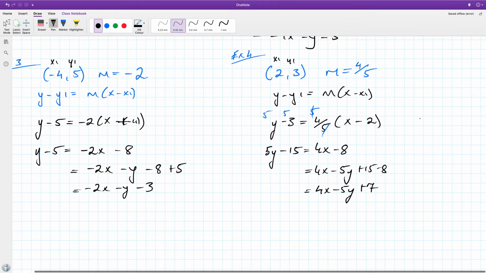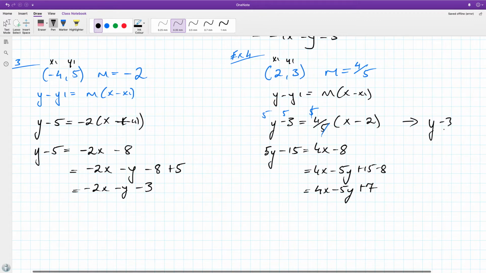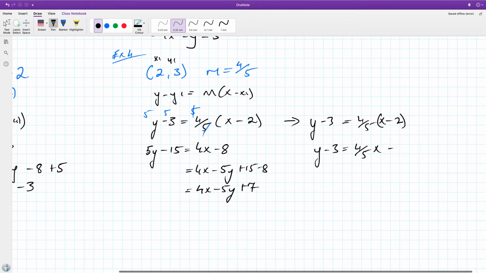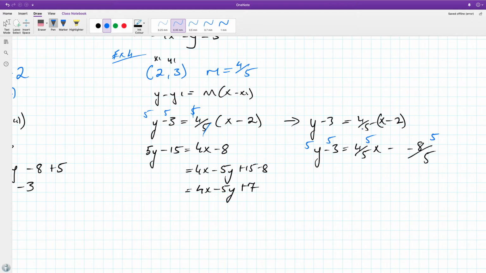Another way you can do it is back up here again. Just say you had y minus 3 is equal to 4 over 5 times x minus 2. You can just multiply in the fraction. Y minus 3 is equal to 4 over 5x minus 4 times 2 is minus 8 over 5. And then get rid of your fraction. Multiply this by 5, this by 5, this by 5, and this by 5.